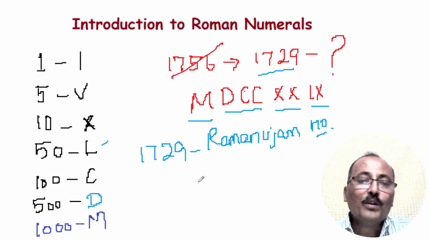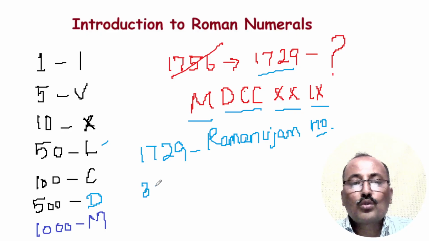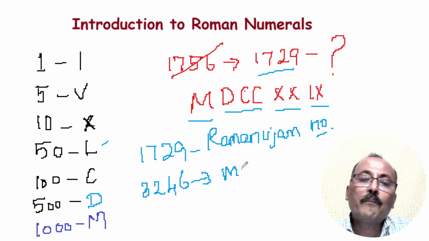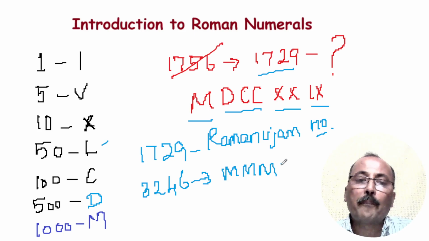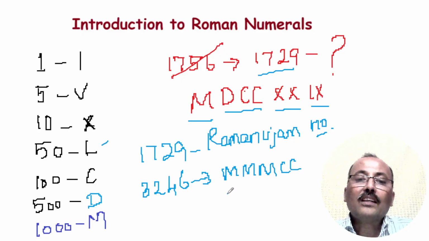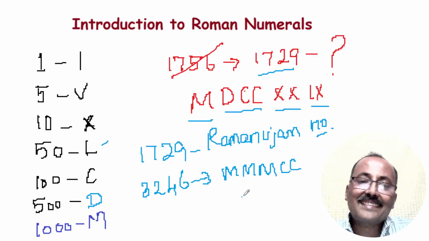Okay, now suppose I want to write 3246. Yes, I can write it. What is that? 3000: M, M, M. 200: C, C. 46: 40. Will you use X, X, X?